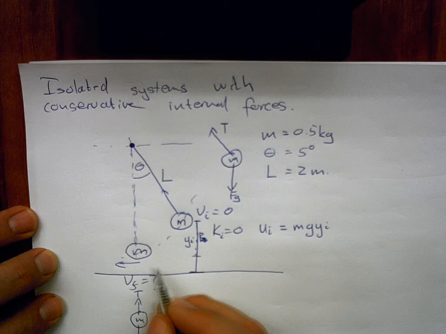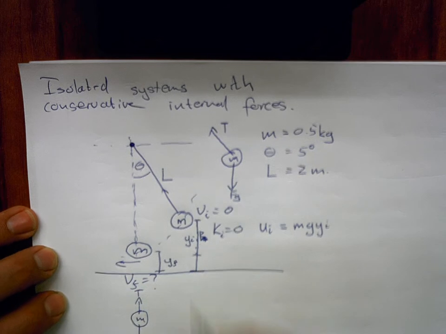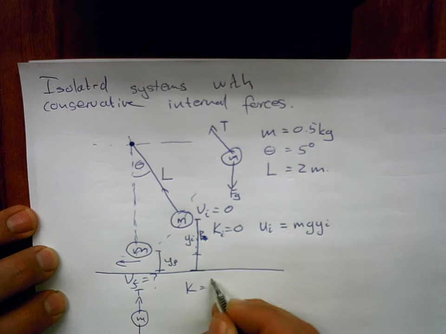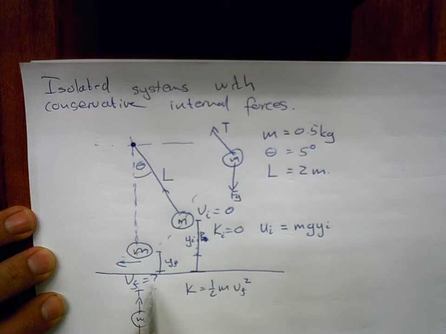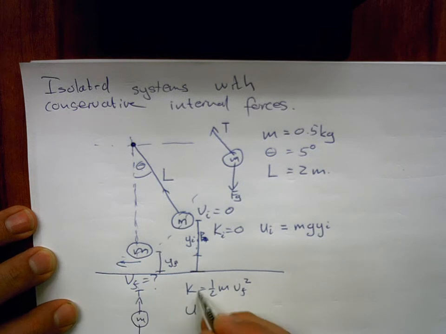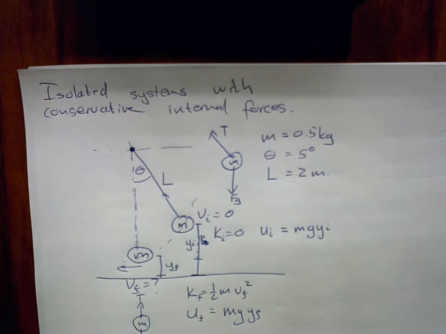Let's say here it is at some position y final with respect to the surface of the Earth. So its kinetic energy will be a half m v final squared. We don't know what v final is yet. And its potential energy at this point, we can say technically, if it's so high above the surface of the Earth, you will see that it doesn't matter, because that is the lowest this object can go.